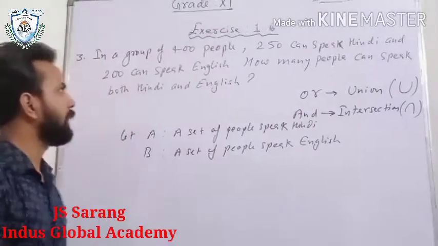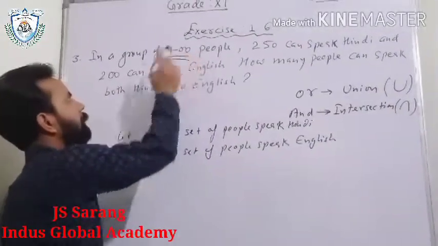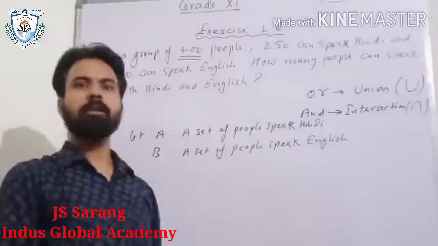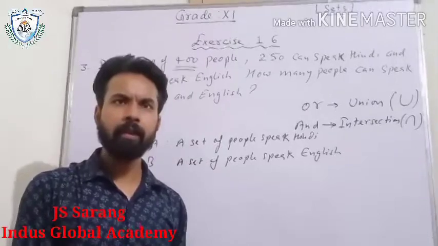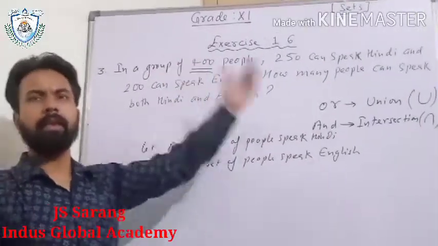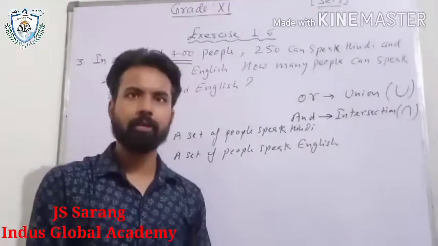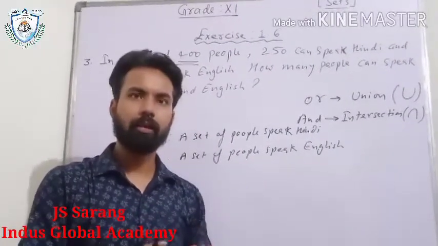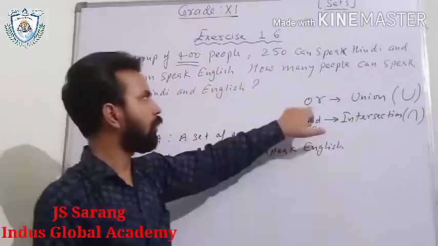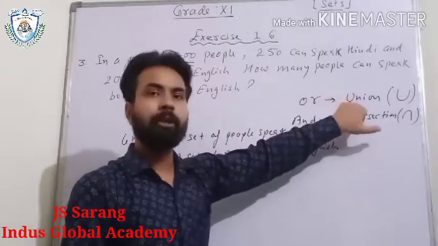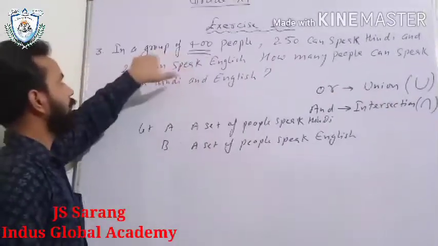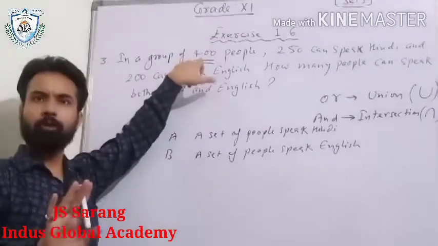Got it? Now see, these 400 people in a group, they can speak at least one language or not? Am I right? They can speak at least one language, either Hindi or English. Are you getting this point? Either Hindi or English. So "or" means union. Understood? Again I am telling, in that group there are how many people? 400.